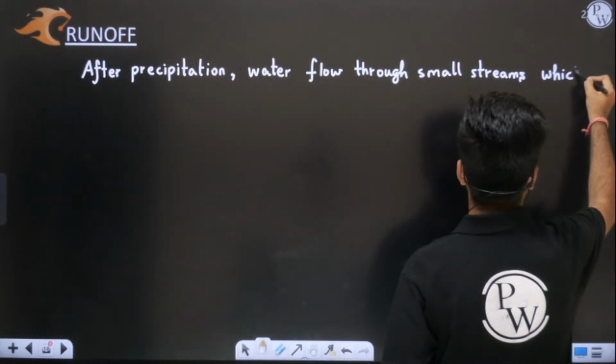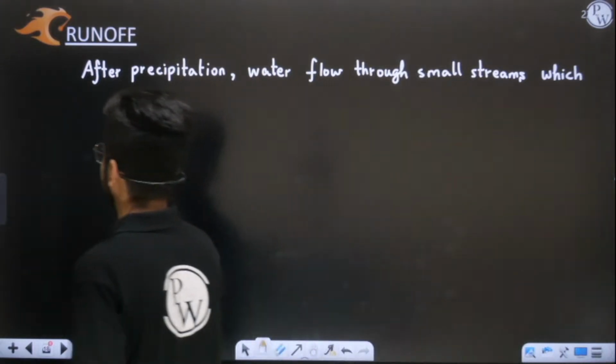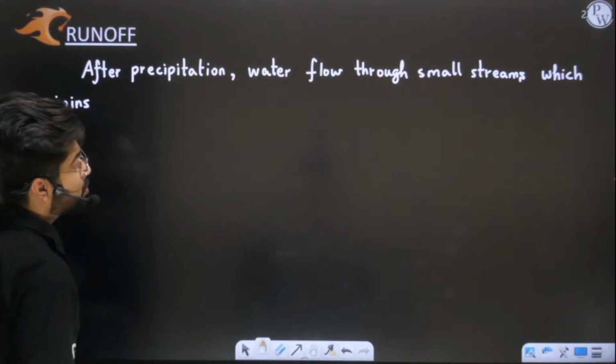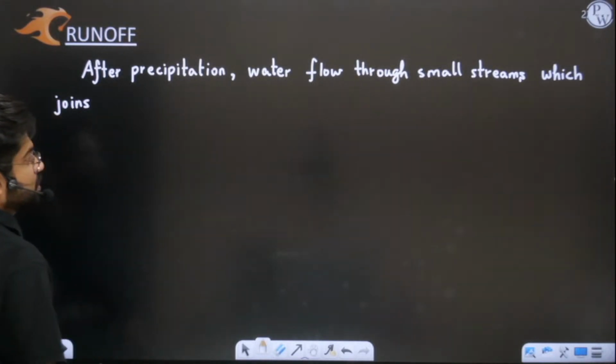Water flows through small streams, through a network of streams.